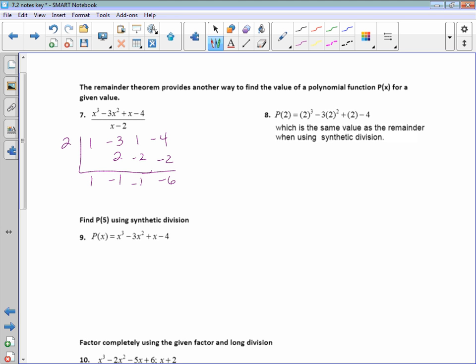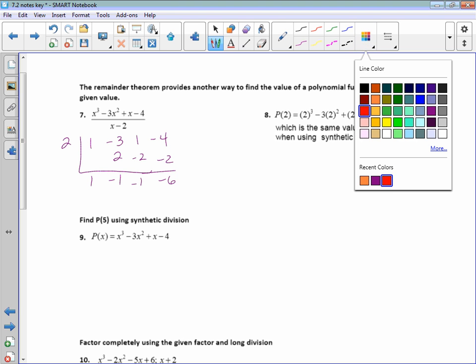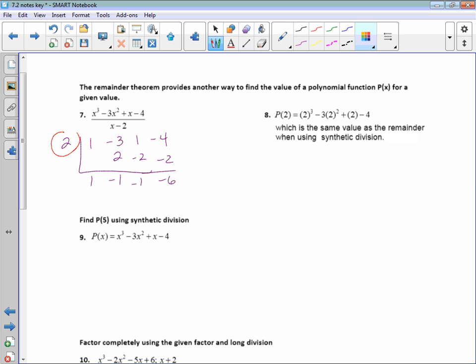All right. So the way you can check, and what the remainder theorem does for you, if I take this number I'm dividing by out here and plug it in everywhere there's an x in my numerator. So if I do 2 cubed minus 3 times 2 squared plus 2 minus 4. Does everybody understand what I did there? Just plug it in for the x.